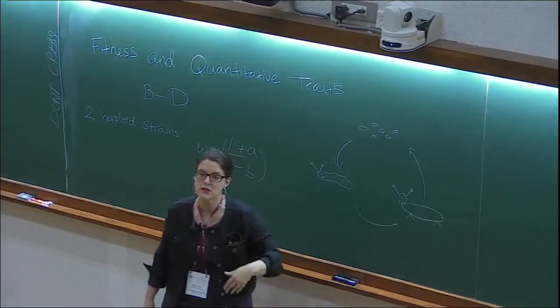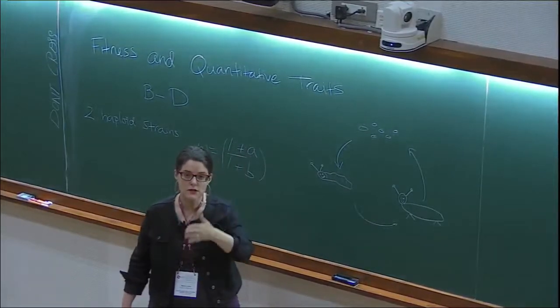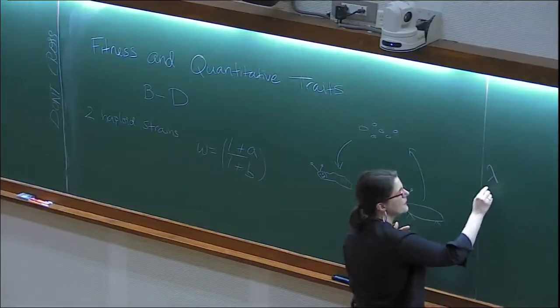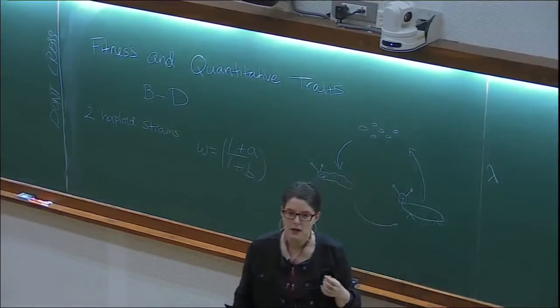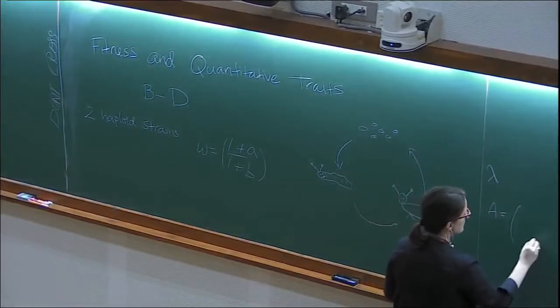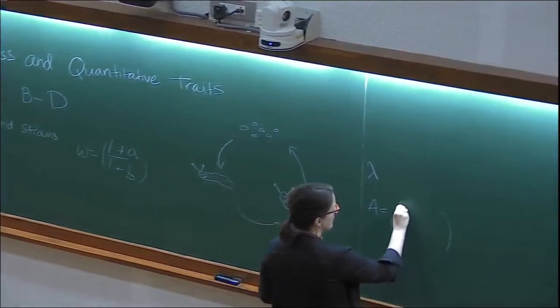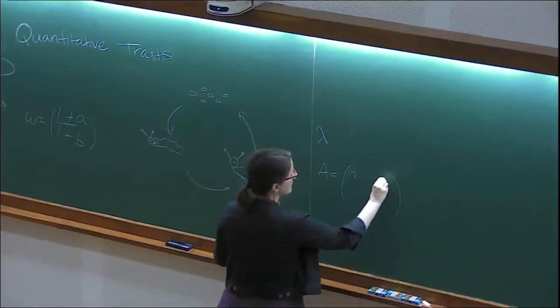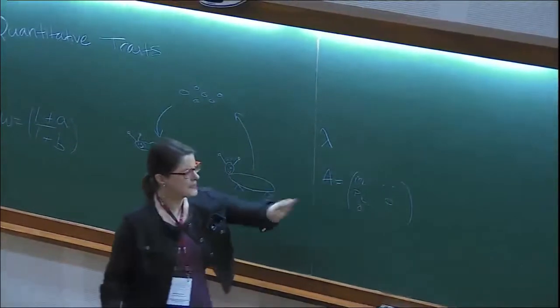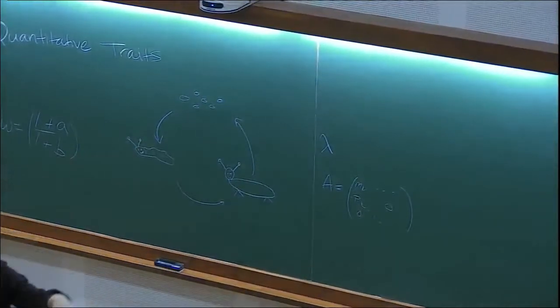And so another definition of fitness that we did in the age-structured and stage-structured cases was the growth rate, the leading eigenvalue of the transition matrix, which, in the age-structured case had fecundities in the top row and survivorships in the subdiagonal.